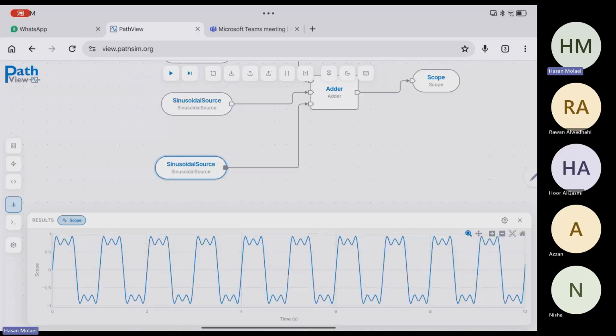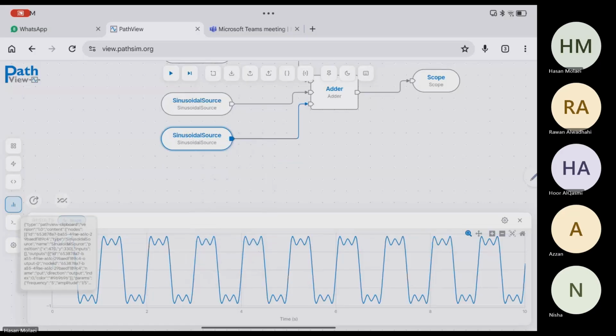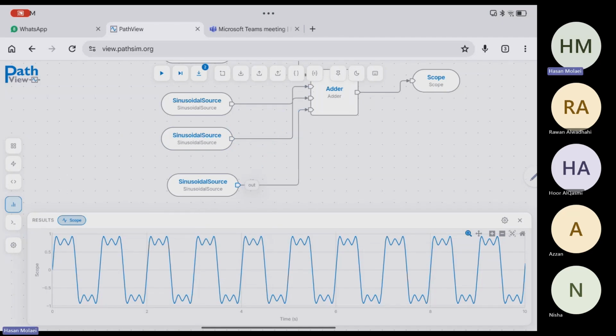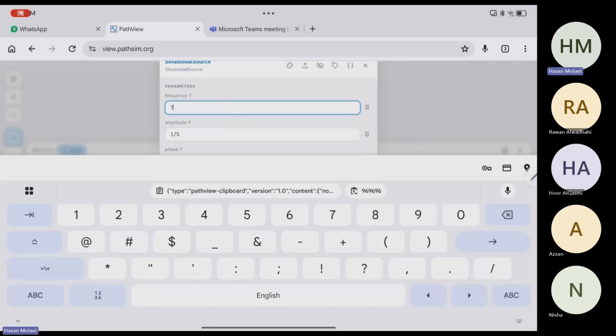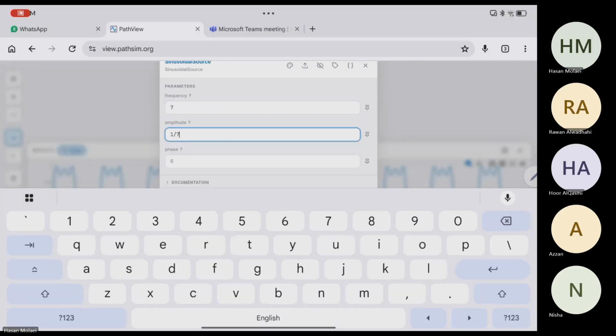It's closer, yeah. Again, next one, 7, 1/7.